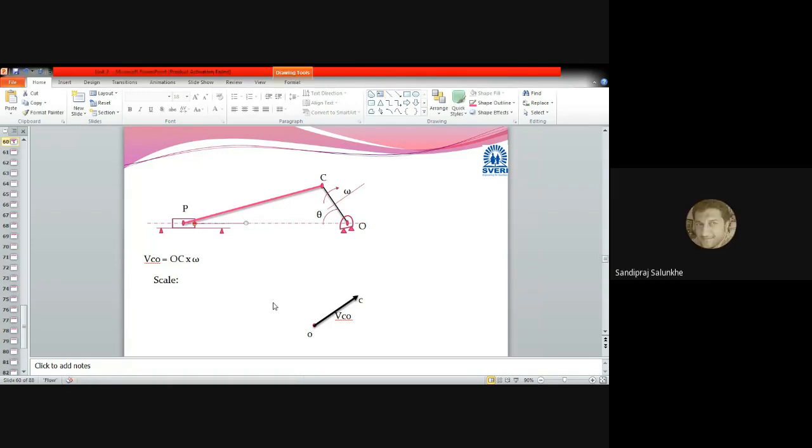So we can draw one line parallel to the line of reciprocation through what? Through O, the stationary point. Okay.